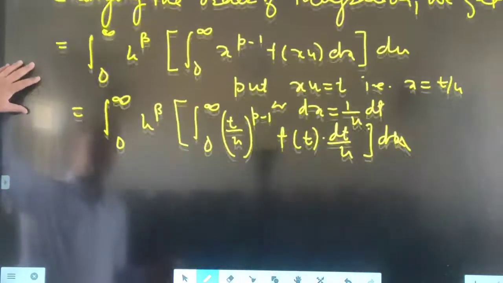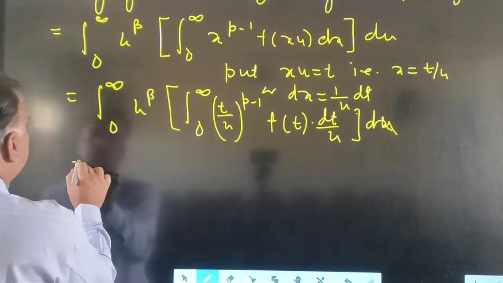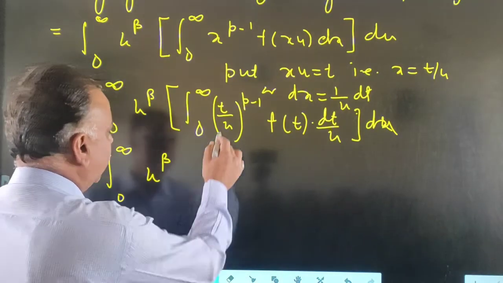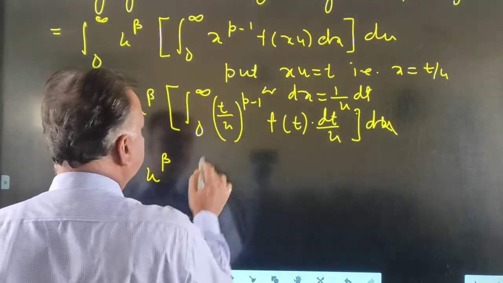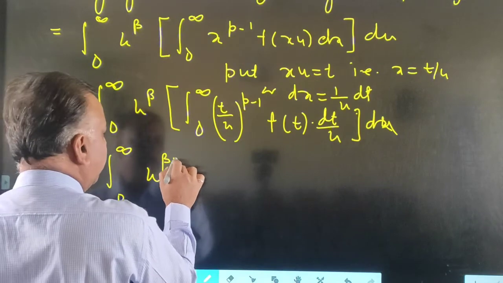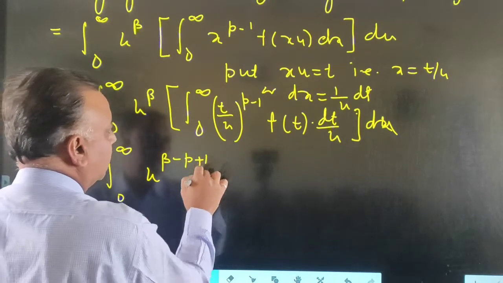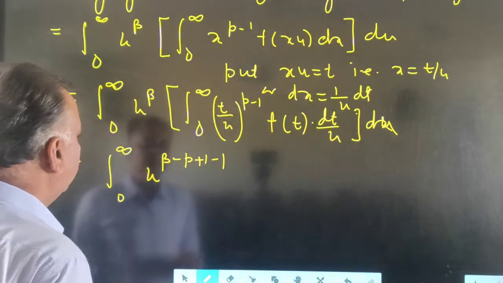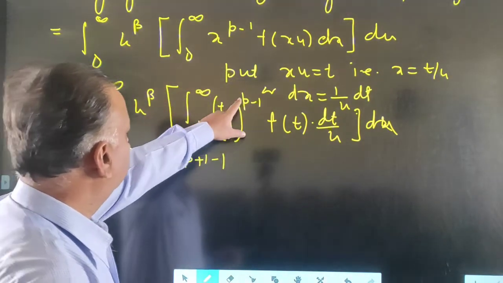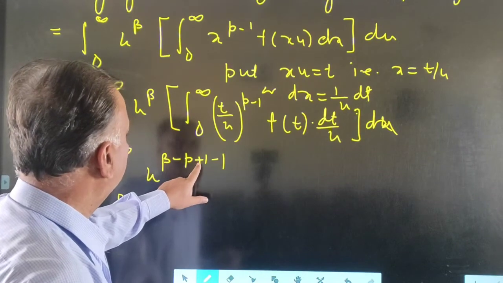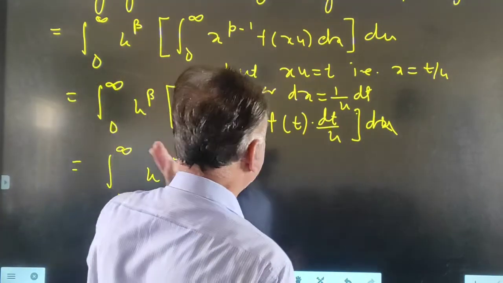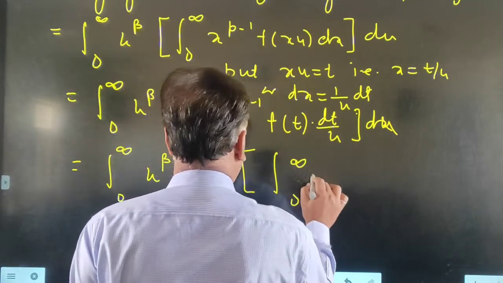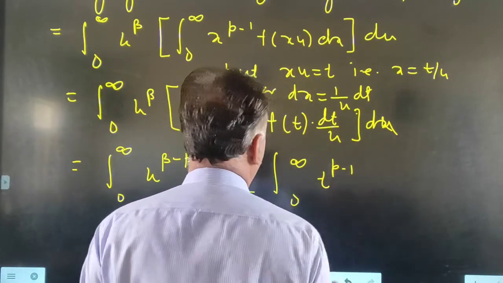Solving this, we get it is equal to integral 0 to infinity u raised to beta into u raised to minus p plus 1 minus 1, that is u raised to beta minus p plus 1 minus 1, multiplied by integral 0 to infinity t raised to p minus 1 f(t) dt into du.